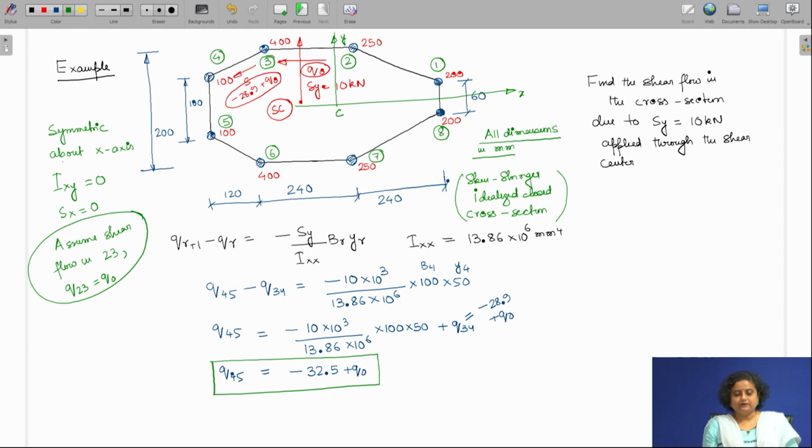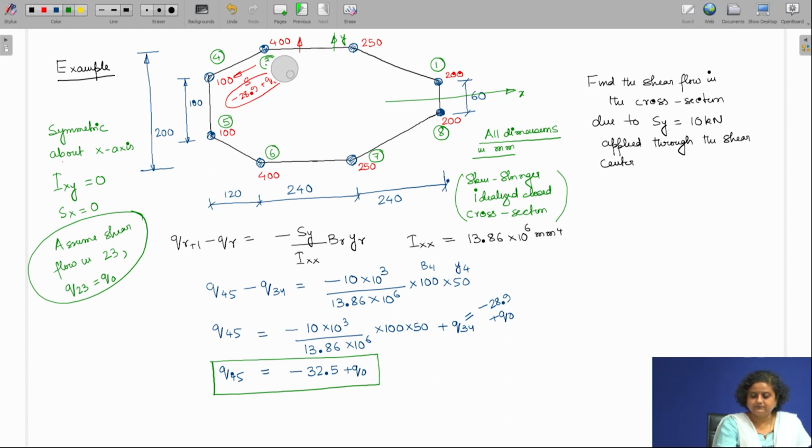Let me skip these steps and write down the shear flow in each portion in this figure. So, this is 2, this is 3, this is 8.